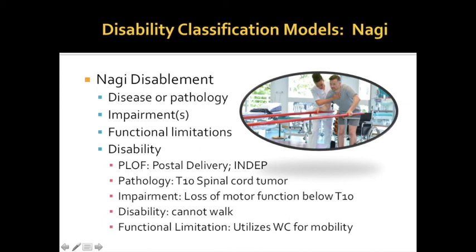Now let's define functional limitations. Functional limitations are the inability to perform an action or a skill in a normal manner due to an impairment. So what do we consider function? Basic ADLs, which are activities of daily living.